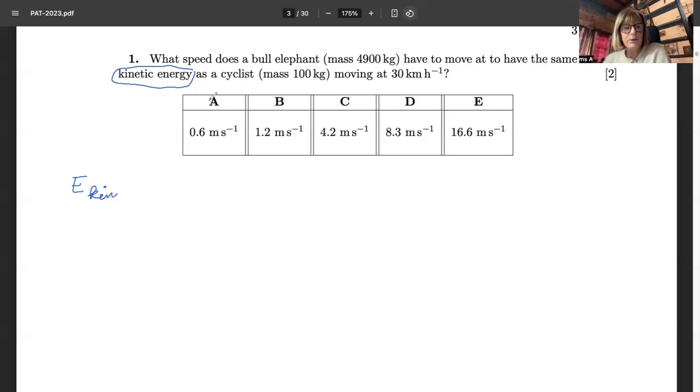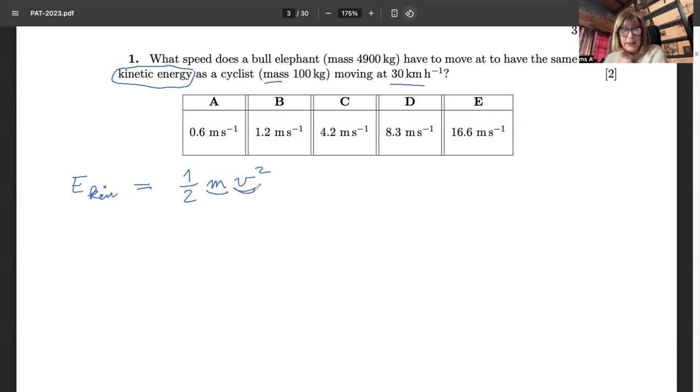So we first have to find out what is the formula for kinetic energy. We have kilometers per hour, we have mass. So you probably know that it is the following formula. It is this one, okay? M is mass, V is velocity, so that means speed, it's the Latin name.